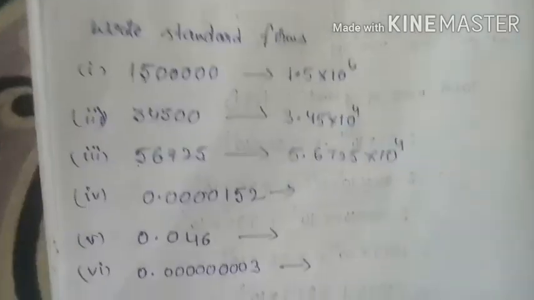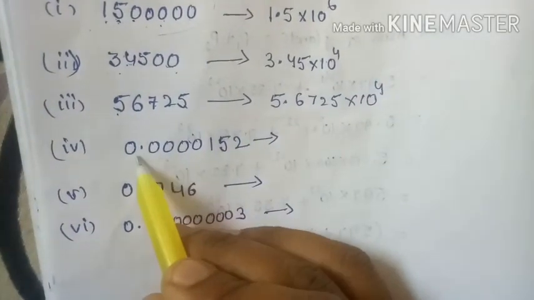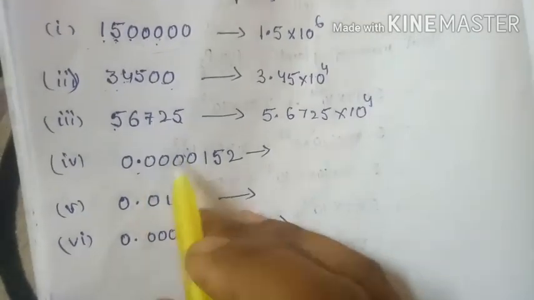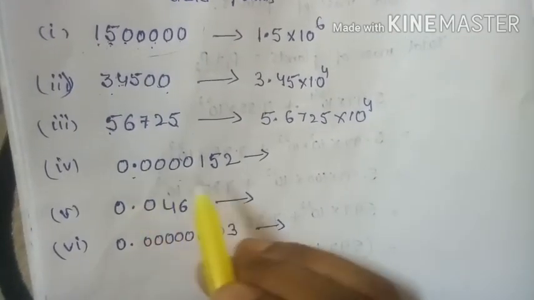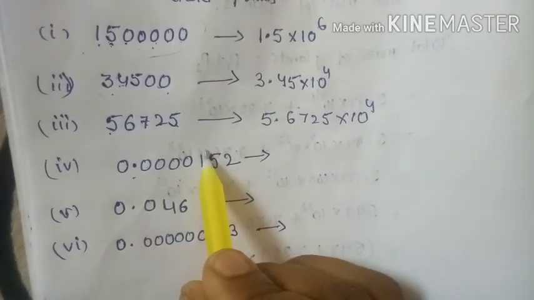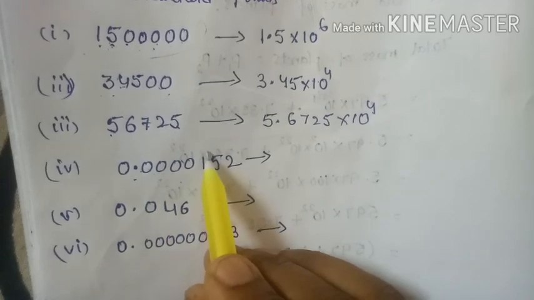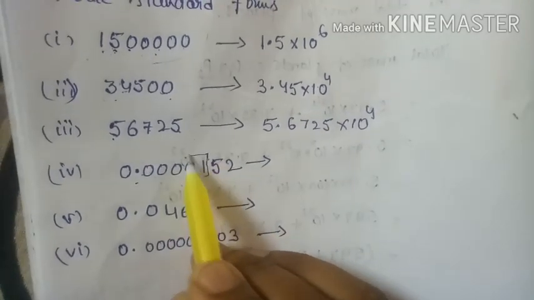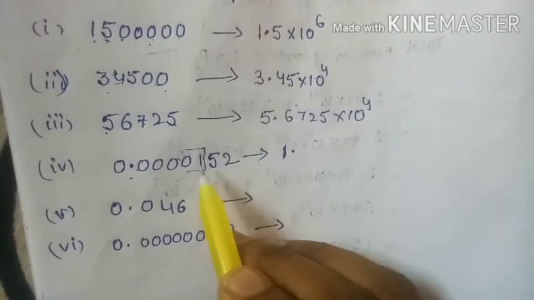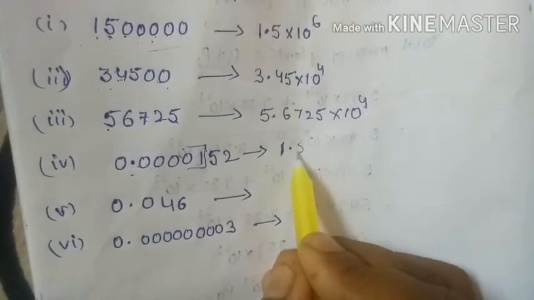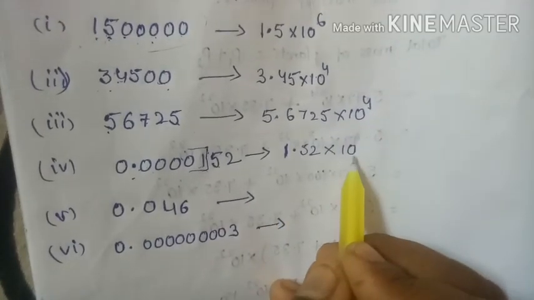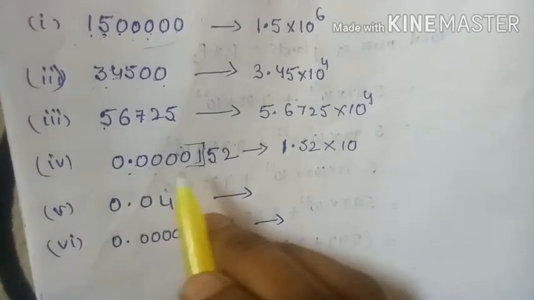Okay. Next one, decimals. Here same, we should move left to right. So first of all search for where we should keep the decimal. Simple, remember that one. After the zeros, take the first value, whatever the first value is, then after that keep the point: 5, 2, the remaining value should be written and multiplied with 10 power.